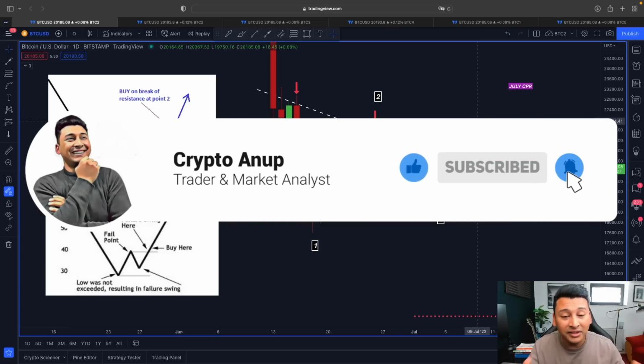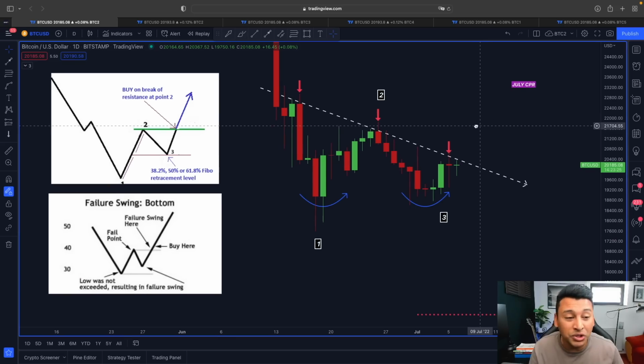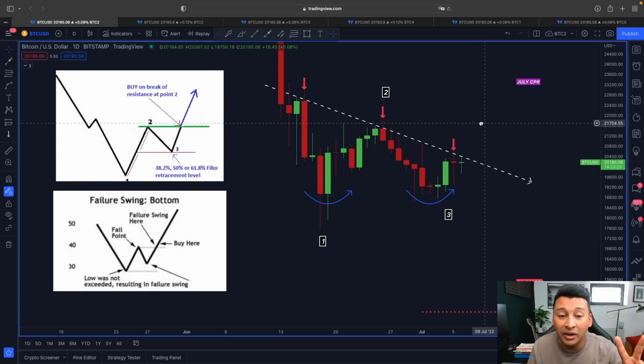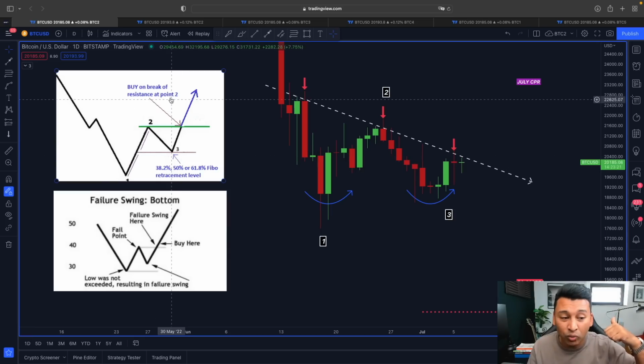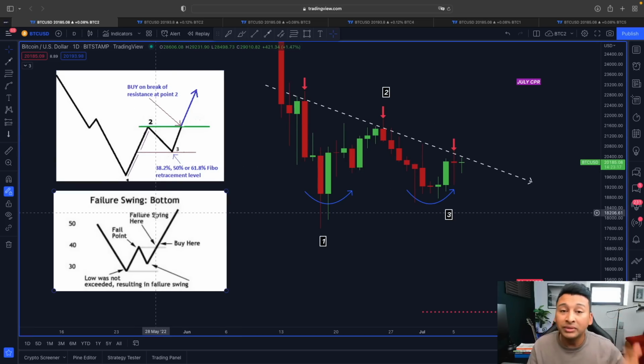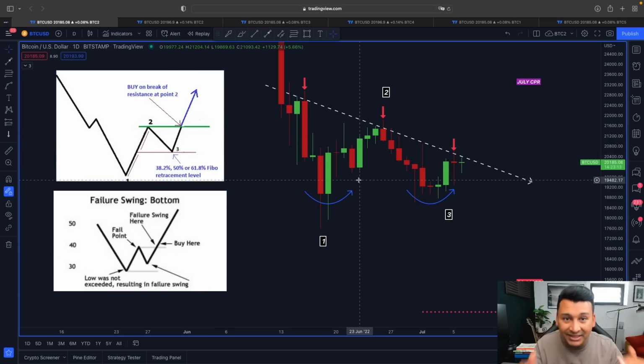So starting here on the daily time frame, I am going to talk about two different scenarios. Doesn't matter if you look at this as a 1 2 3 reversal pattern first or a failure swing bottom second, both are pointing us to the exact target and also the exact movement.